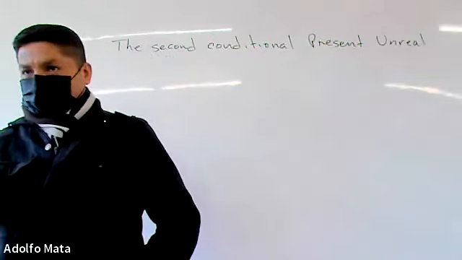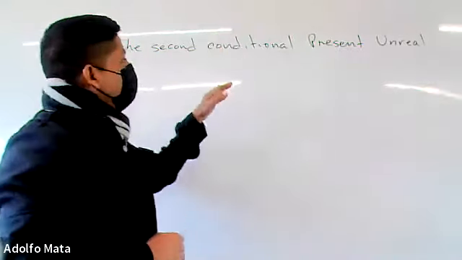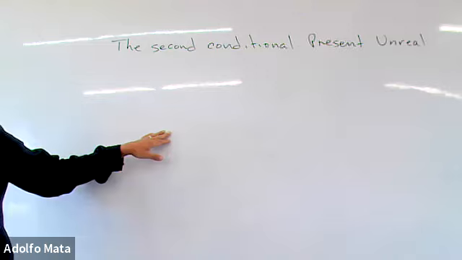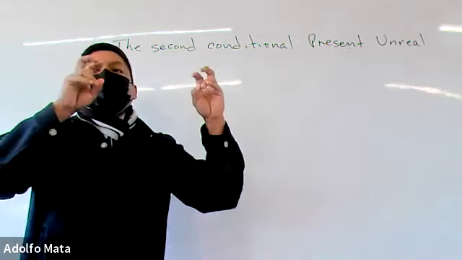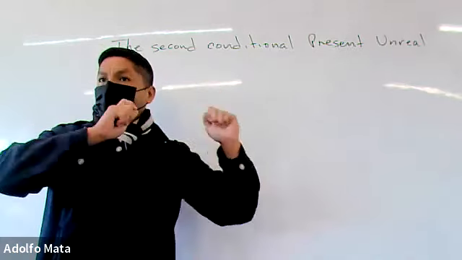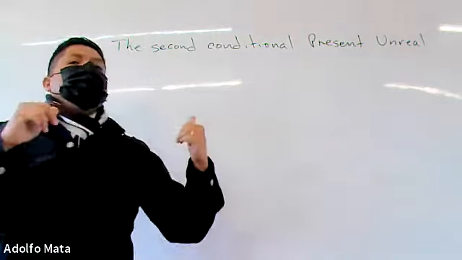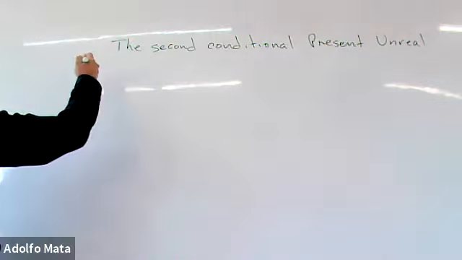Okay, so let's work with some transformation. I'm going to write one sentence here. You're going to copy it, and you're going to make the transformation to the second conditional. I'm going to write a real sentence. You will copy it, and you will transform it into the second conditional, okay? Remember that in the second conditional, you have to say the opposite, all right? So, number one.